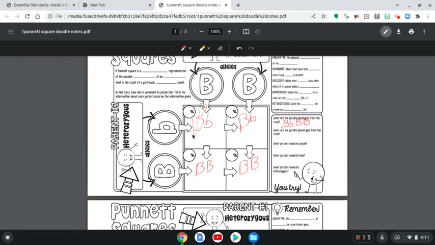Now, remember, dominant B is blue. So each box has at least one dominant B. So all of our organisms, whatever this organism is, are going to be blue.